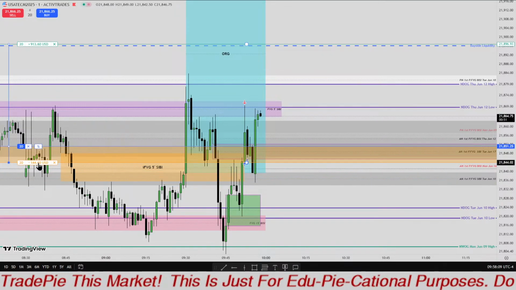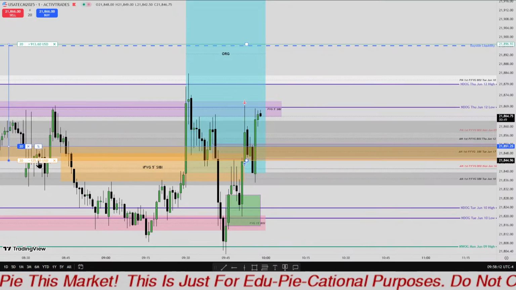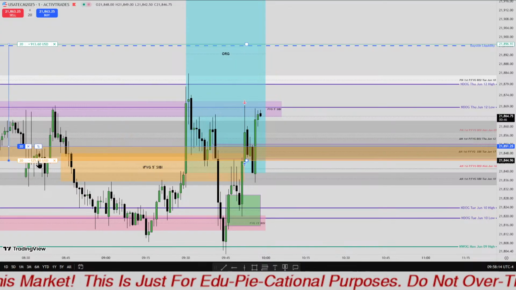Now I'm reducing the risk to below the first presented fair value gap low.